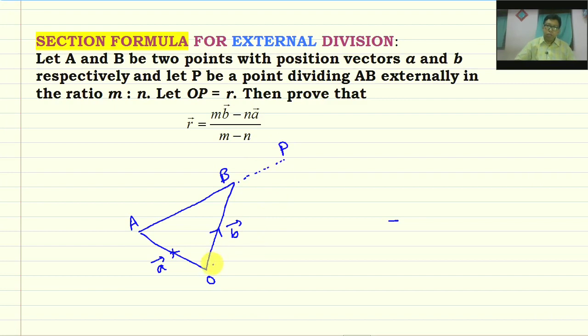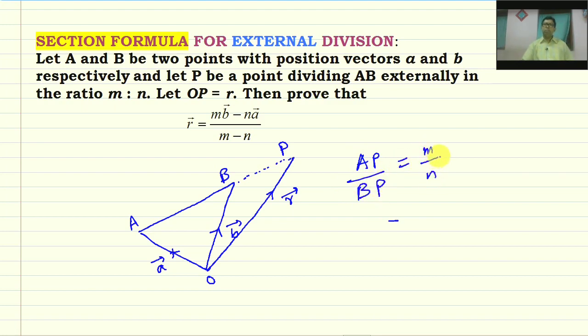Say this is P, and this is the position vector of P with respect to the origin. So what is given now? This is given AP upon BP is equal to m by n, AP is to BP is equal to m is to n. Now using the triangle law again, like the previous one, you can prove that r vector is equal to m b vector minus n a vector divided by m minus n.